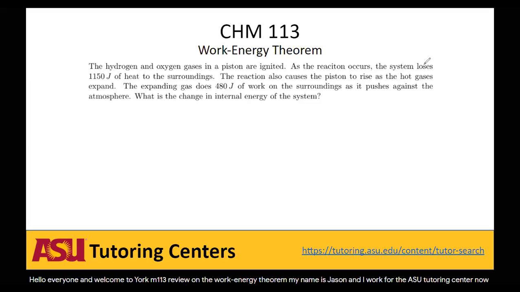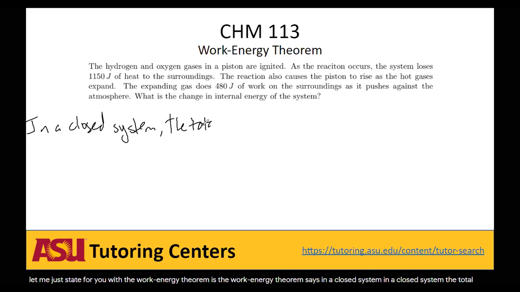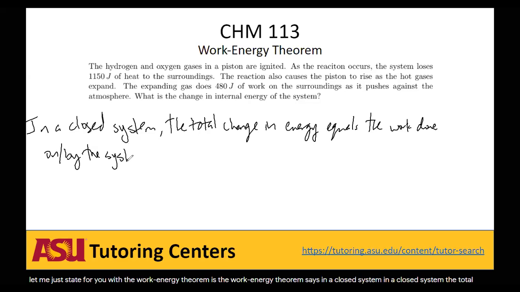Now, let me just state for you what the work energy theorem is. So the work energy theorem says, in a closed system, the total change in energy equals the work done on or by the system, as well as the heat put into or released from the system.